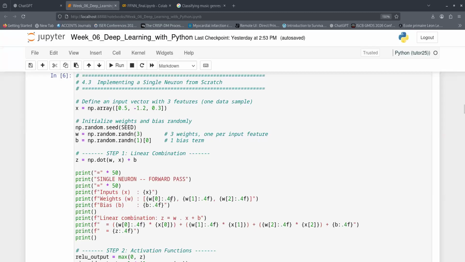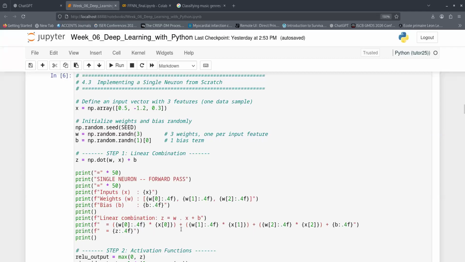We take 4 decimals for each value, for all 3 of them, and you also define your bias. And now you write the linear combination.